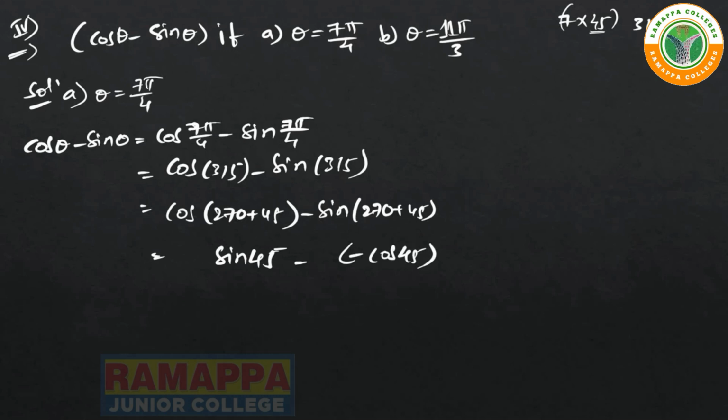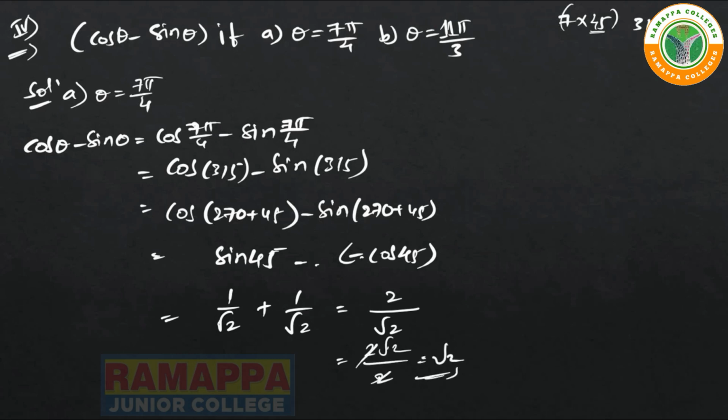What are the values here? Sin 45 is 1 by root 2, plus cos 45 is 1 by root 2. So adding, 2 by root 2, the 2 cancels, and root 2 is the answer here.